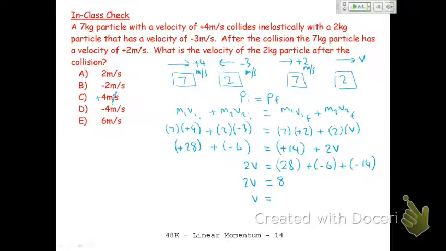So v is equal to 8 over 2, which equals 4 meters per second. It's positive 4 meters per second. So is that the right answer? Yeah. Positive 4 meters per second.